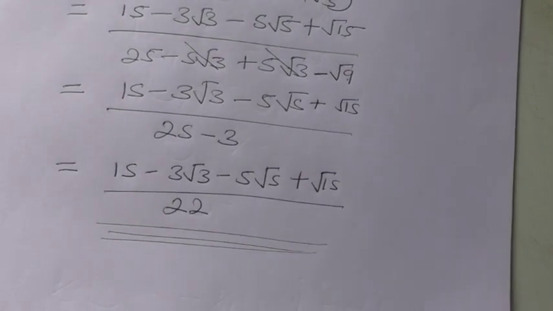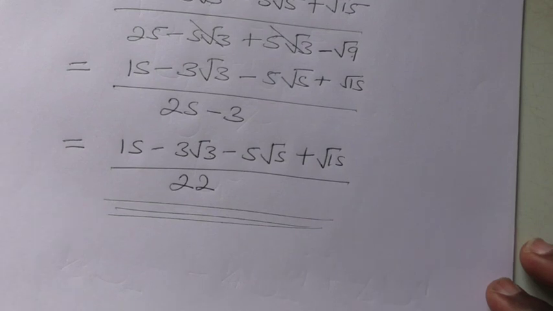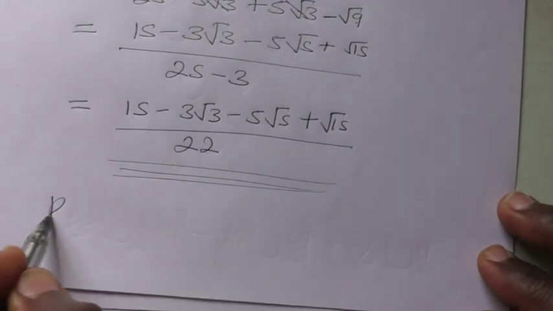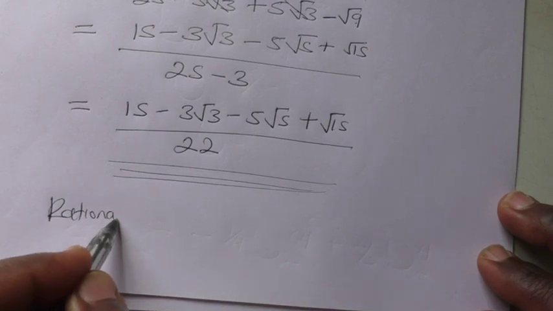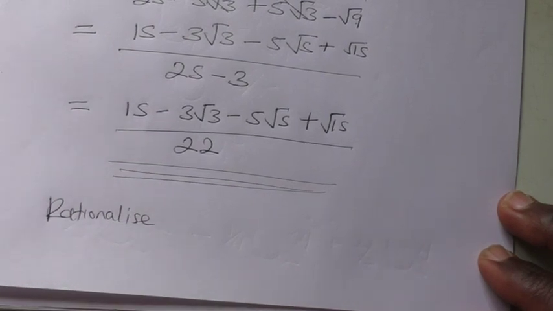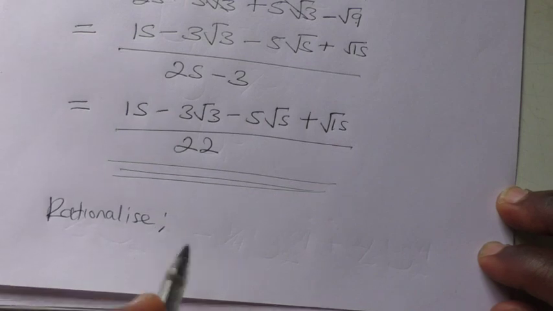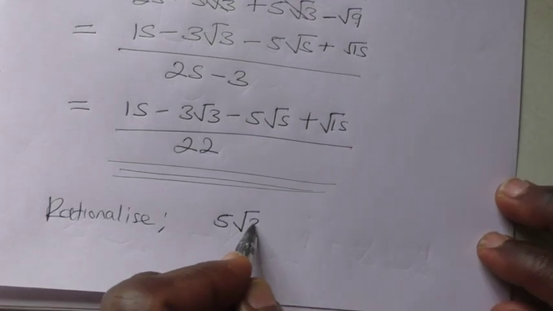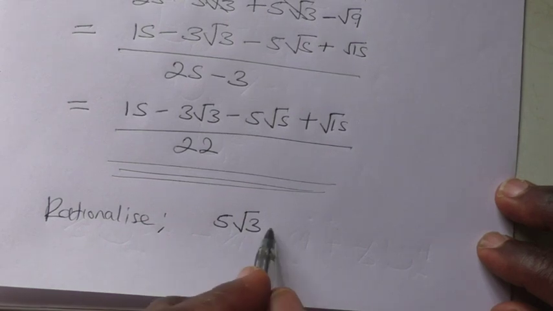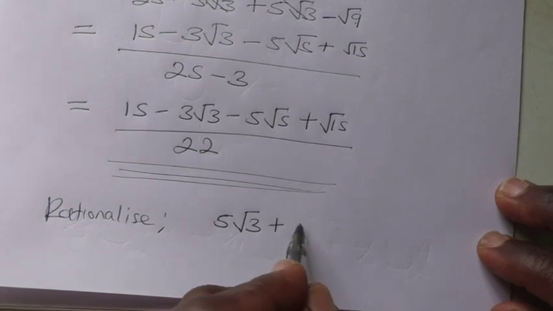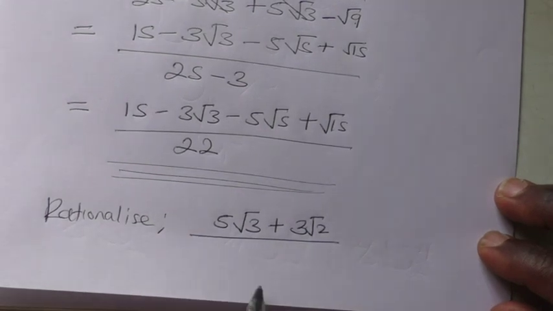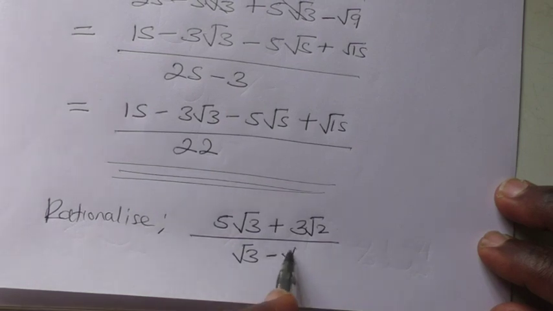On this, I'm leaving a number for you to try out. That number will be rationalize 5 root 3 plus 3 root 2 over root 3 minus root 2.